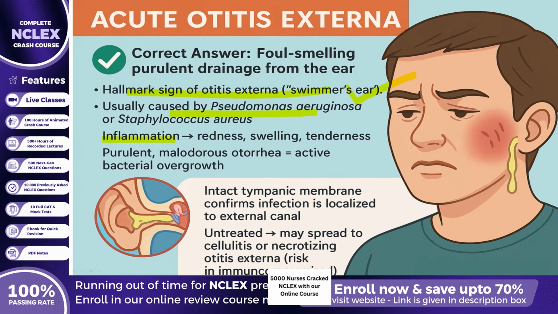Inflammation leads to redness, swelling, and tenderness of the ear canal, but the presence of purulent and often malodorous otorrhea indicates active bacterial overgrowth. Because the tympanic membrane is intact, the infection is localized to the external canal rather than the middle ear. Without timely treatment, the infection may extend to surrounding tissues, leading to cellulitis or even necrotizing otitis externa in immunocompromised clients.